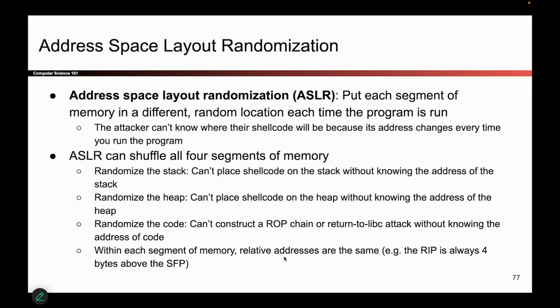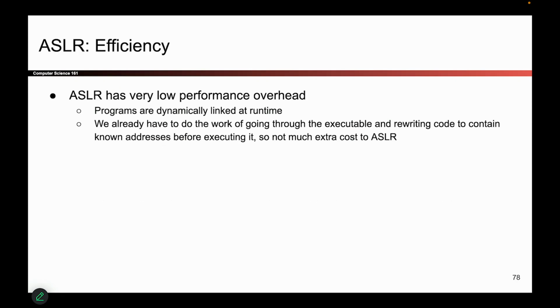So for example, when you build a stack frame, it's still RIP first, followed by SFP, followed by local variables. That does not change. The local variables are below the SFP, which is below the RIP. The relative ordering is the same. It's just they have shifted from being 1,000 to 2,000 to 8,000 to 9,000, or something like that. So while it shuffles the segment, it does not shuffle what's inside the segment.